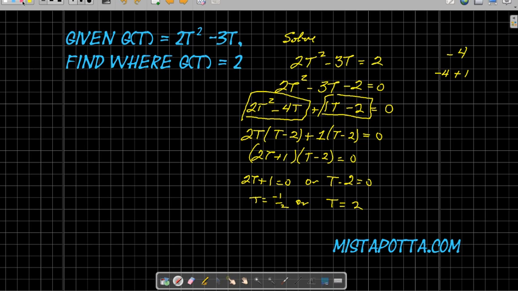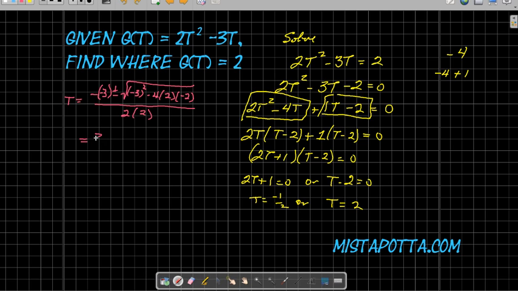I could also just go through with the quadratic formula. I know that my solution is going to be equal to the opposite of b plus or minus the square root of b squared minus 4 times a times c, all divided by 2 times a.